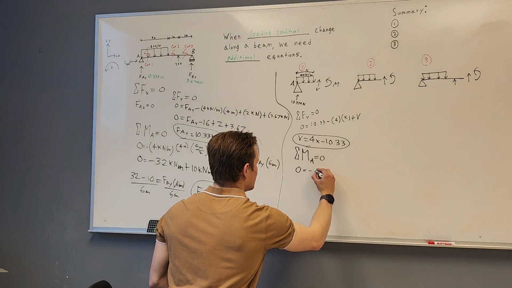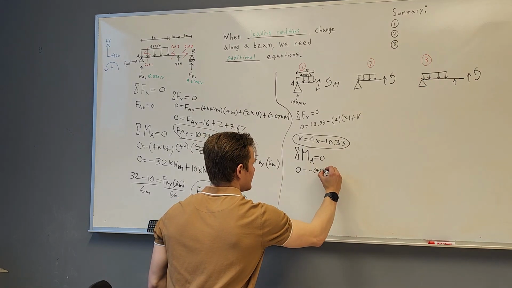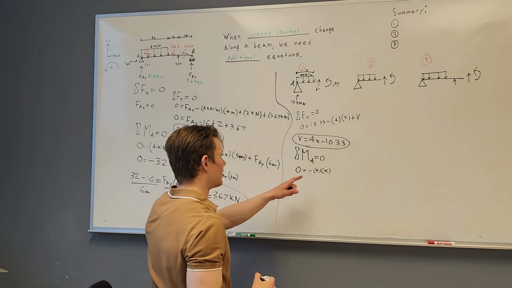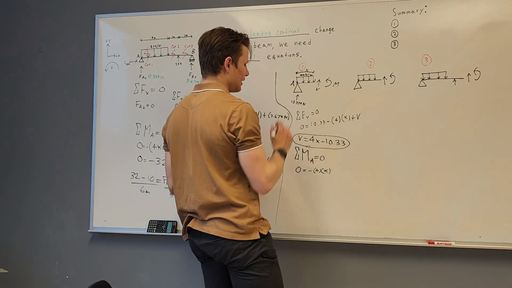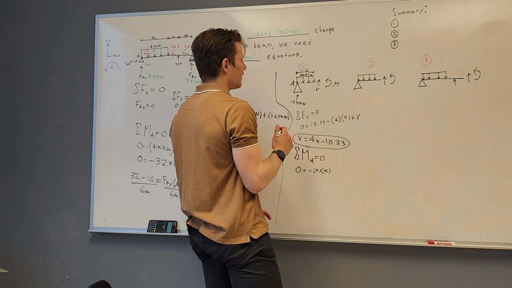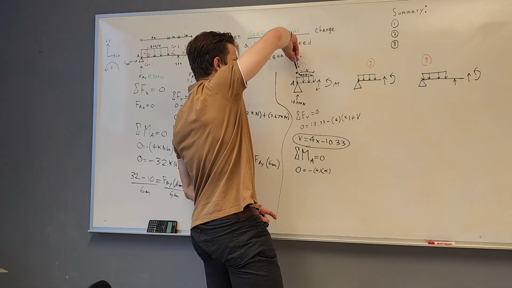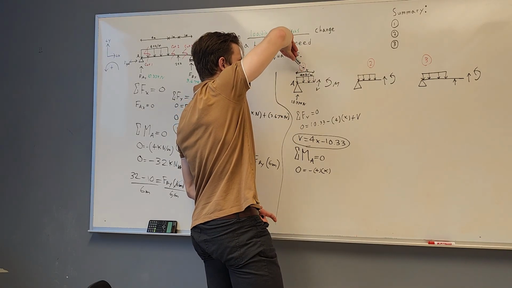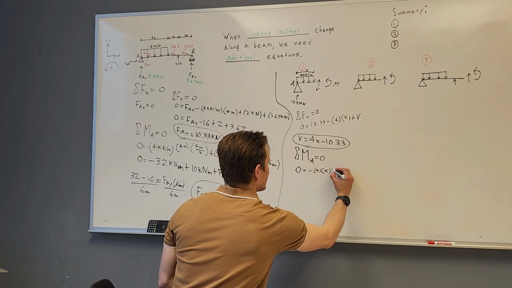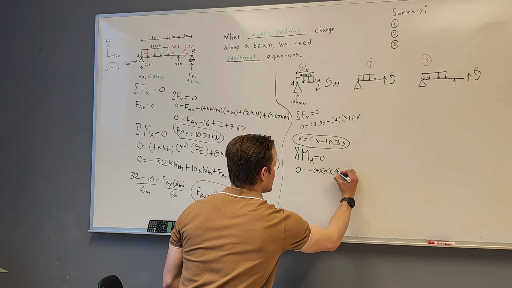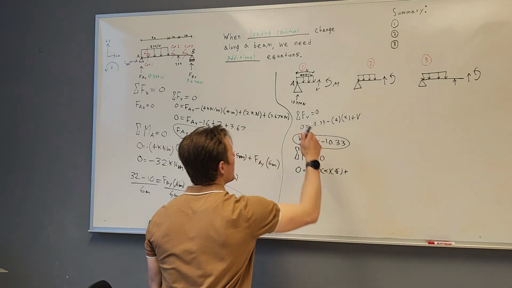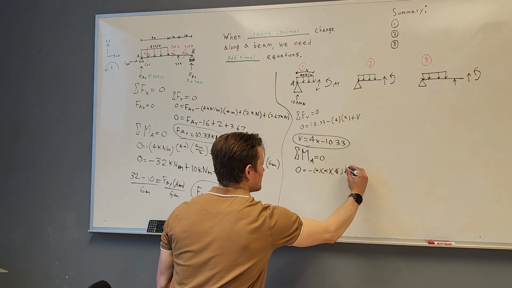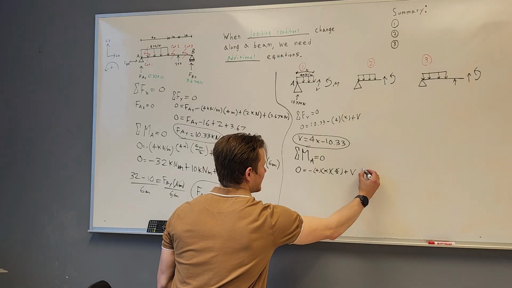So we'll have negative 4 acting over a distance of x to get our equivalent point load. And that point load acts at the center of this UDL, which is half of x, so x over 2. And then we have a counterclockwise moment caused by our shear acting at a distance of x.